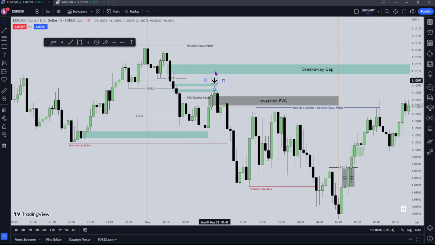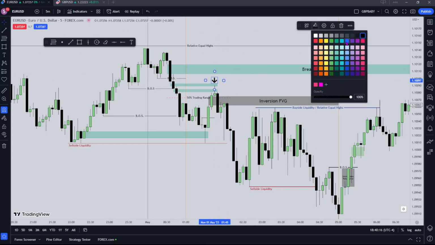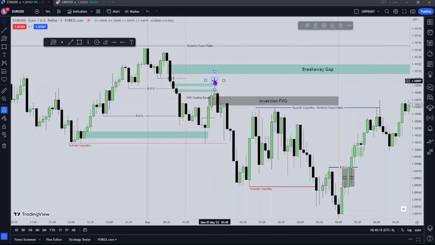Is there a way of making this straight? Right there. We'll make that blue for buy. So we want to be buying this way. We want to buy or enter. Okay, cool.